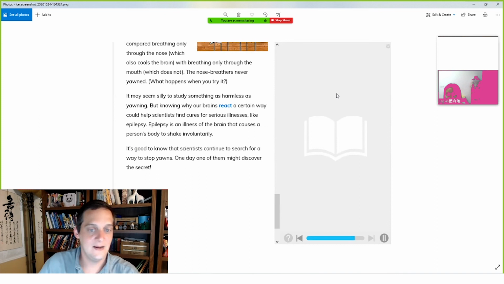All right. So where is that word? Oh, it's right there. It may seem silly to study something as harmless as yawning, but knowing why our brains react a certain way could help scientists find cures for serious illnesses like epilepsy.